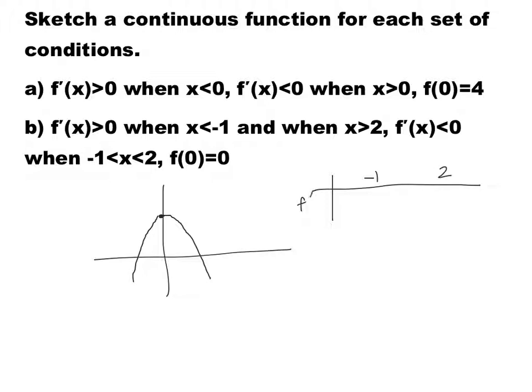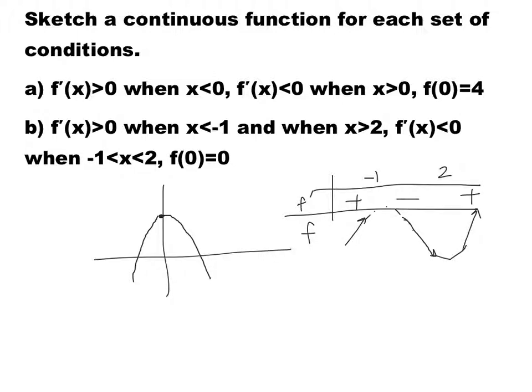When x is less than -1, f prime is positive, and when it is greater than 2, it is positive, and it's negative when x is between -1 and 2, which is here. When f prime is positive, the function is increasing. Between -1 and 2, the function is decreasing. And again, it's increasing. So the function looks like the following.